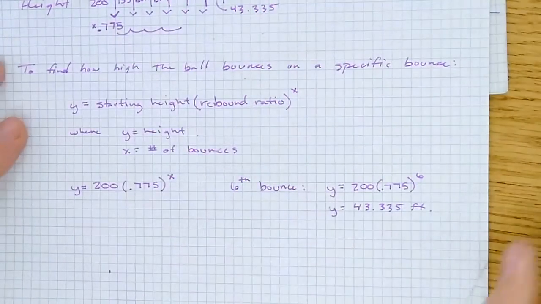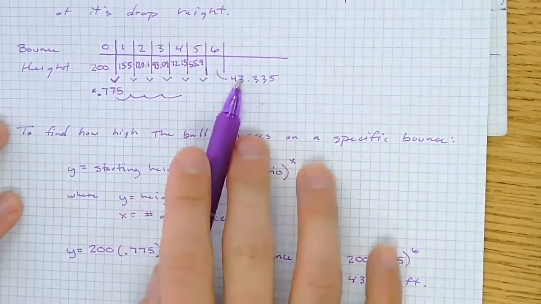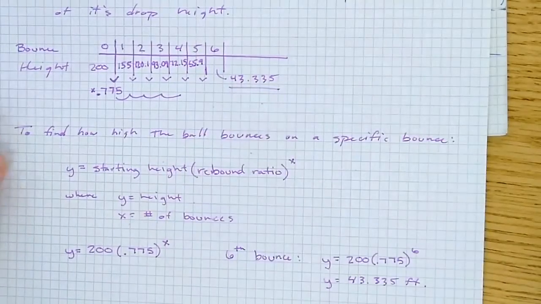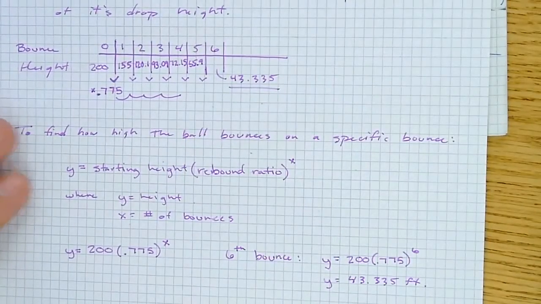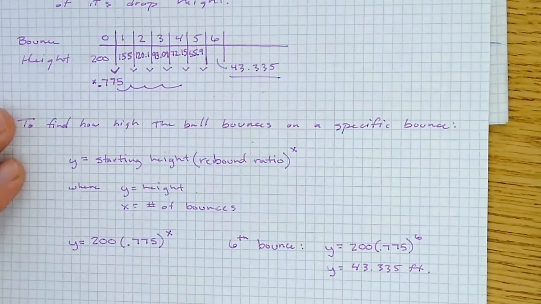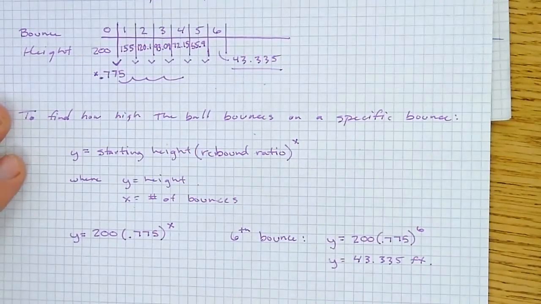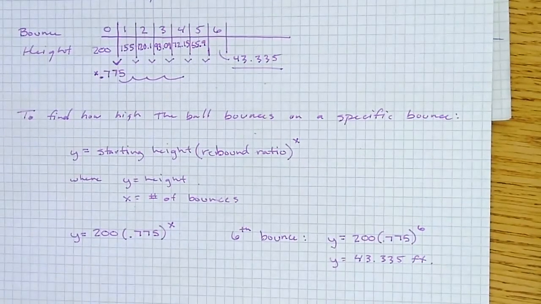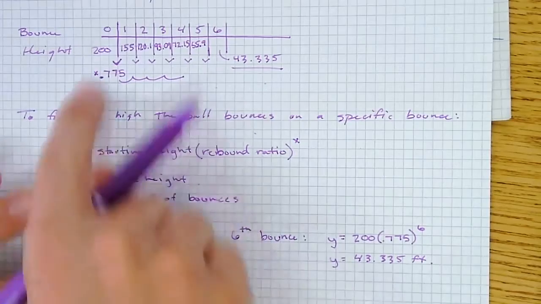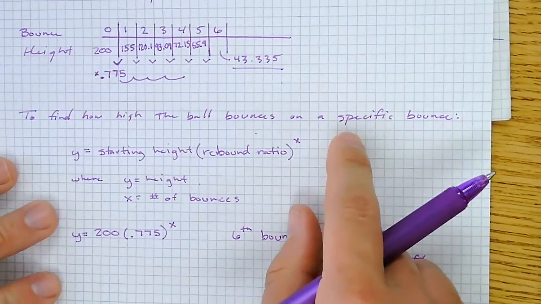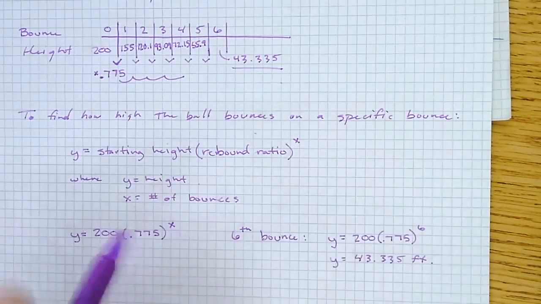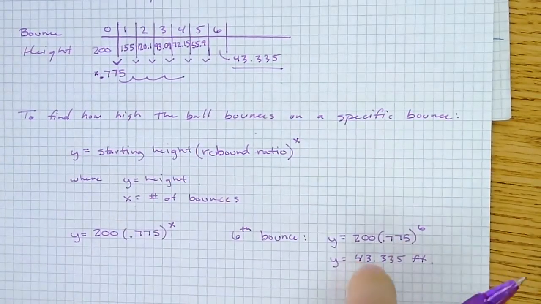Notice that's what we got up here on our table as well, when we were just multiplying by 0.775 each time. Obviously this would be a lot easier if you just had the equation, especially if you were asked, what's the 12th bounce or something like that. Having to multiply by 0.775 each time would get a little tricky. Now we just have an equation.